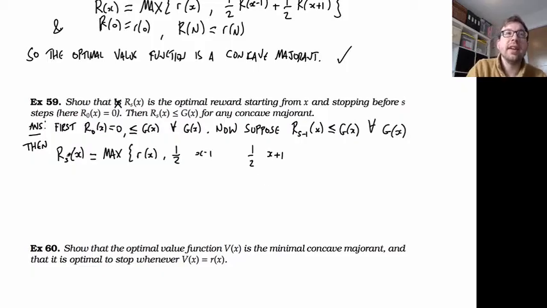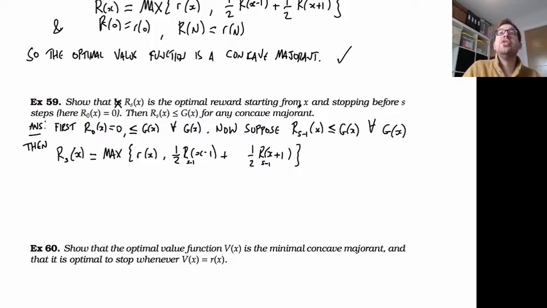But notice we've expended one of our steps, so we've got s steps to stop, and if we continue one step, then we've got one less step to go through. So that's the Bellman equation for this type of problem.